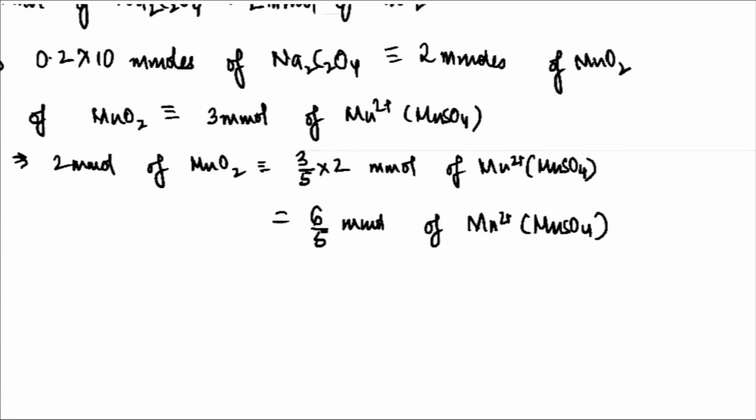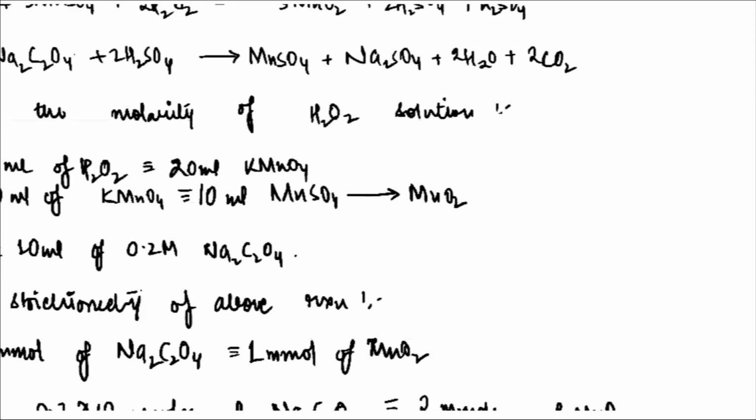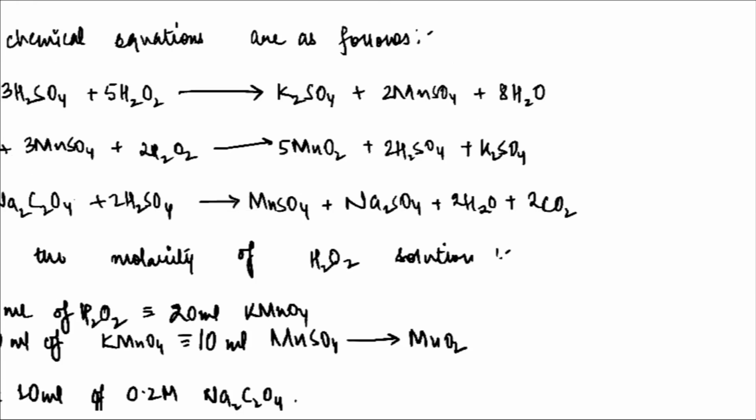Now also 3 millimoles of MnSO4 is congruent to 2 millimoles of KMnO4. This comes from the second equation. Oh, sorry, this will be 2 moles: 2 KMnO4 plus 3 MnSO4.